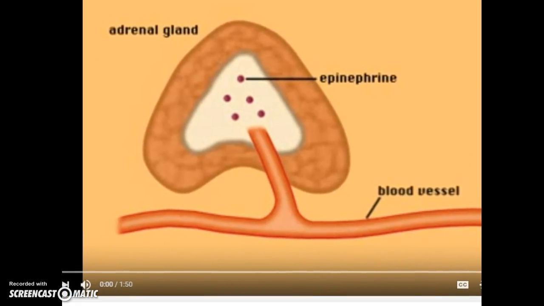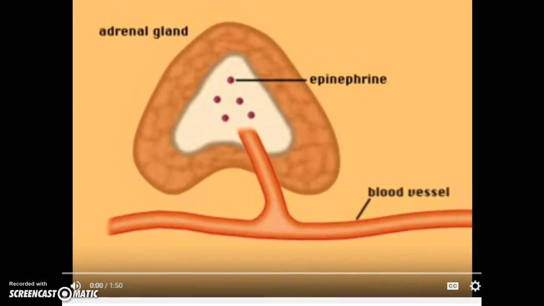So one of the things that I like about this animation is that it's showing you how a hormone works with signal transduction. So in this case, they're using epinephrine, which is a hormone that's also known as adrenaline, that works differently on different cells.